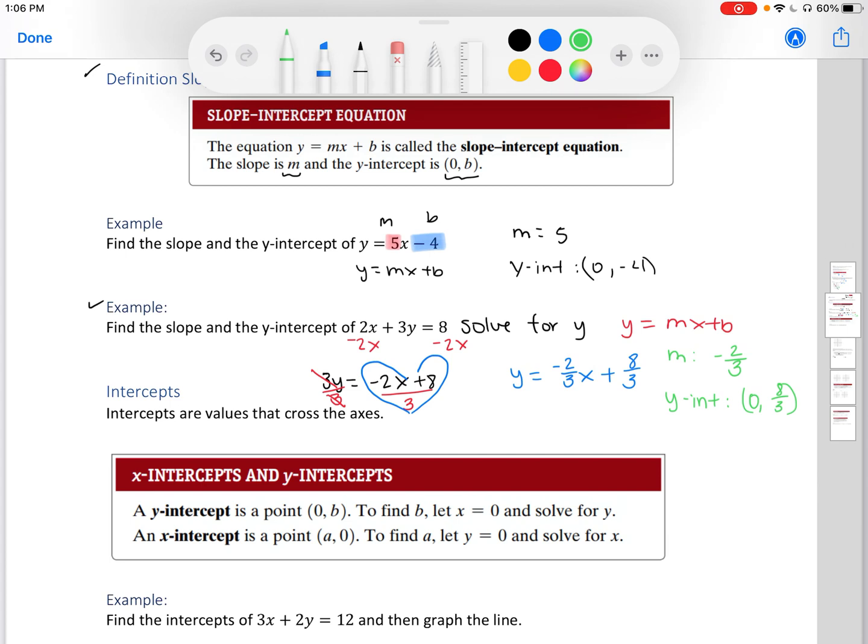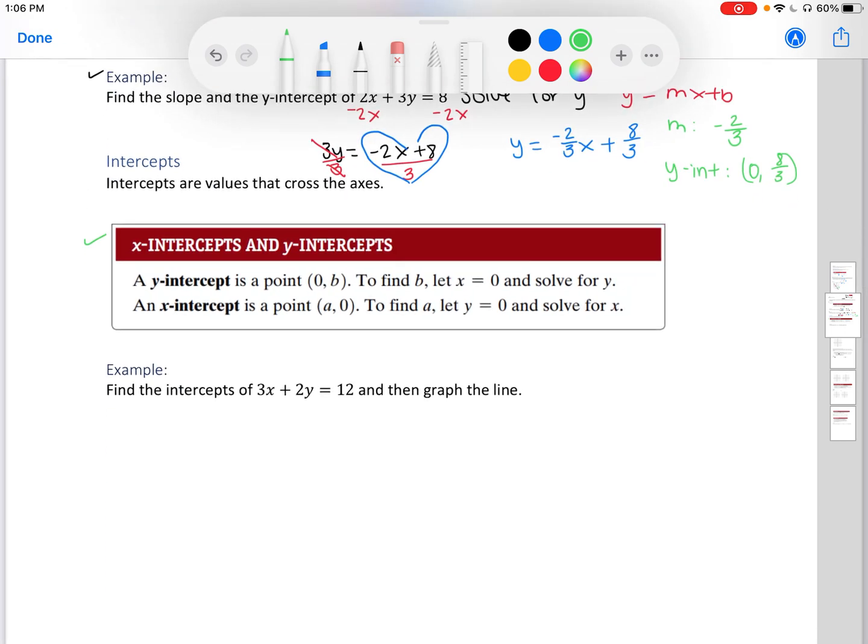Moving forward, x-intercepts and y-intercepts. A y-intercept is a point (0, b). To find b, let x equal 0 and solve for y. An x-intercept is a point (a, 0). To find a, let y equal 0 and solve for x. And this tells you everything, right?